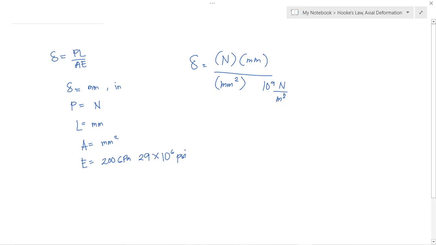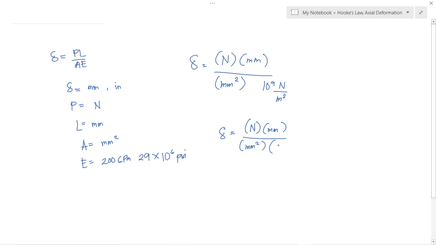Di ba? Now, ang ginagawa kong technique or strategy na ini-input sa students is that, okay, Newton yung force, millimeter yung length, and then the cross-sectional area is in square millimeter, and then, the modulus of elasticity, pinapa-express ko in megapascal. So, pag in-express mo in megapascal yung 200 gigapascal, that will be equivalent to 200,000 megapascal.